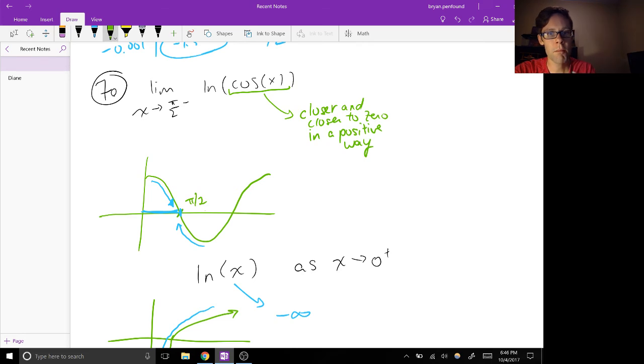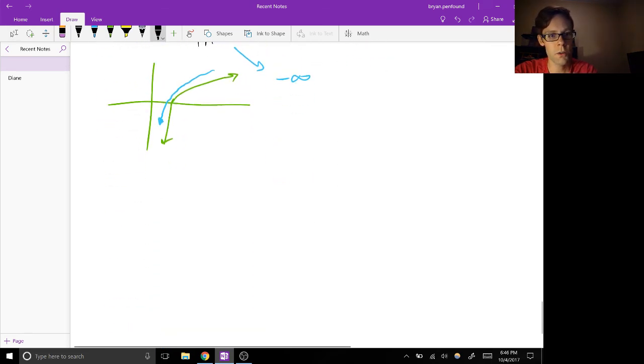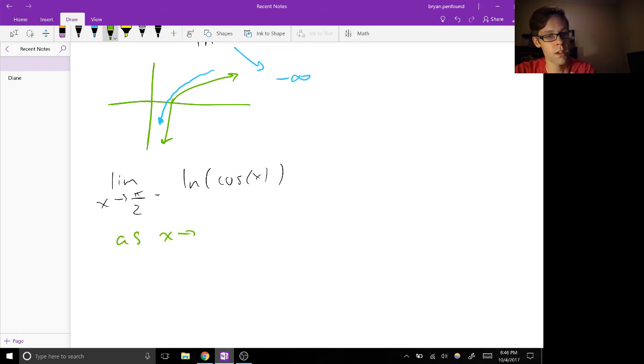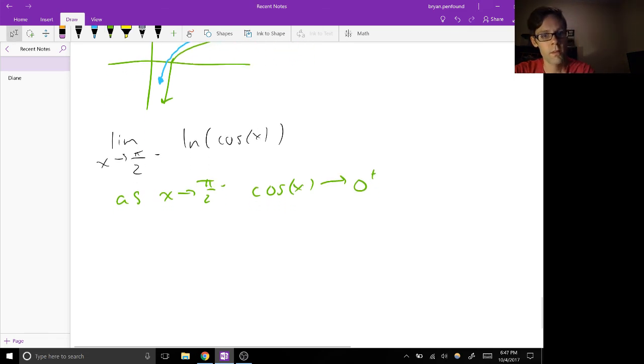So here's my summary thought process on this one. The limit as x tends towards pi by 2 from the left of ln of cosine of x. As x approaches pi by 2 from the left, we know that cosine of x approaches 0 from a positive direction. Okay, so I know what's happening to the inside piece.